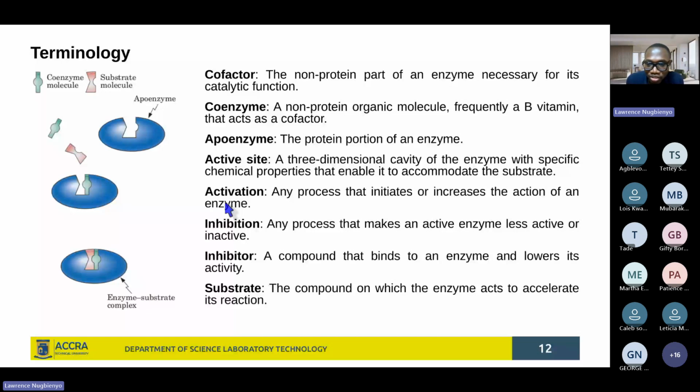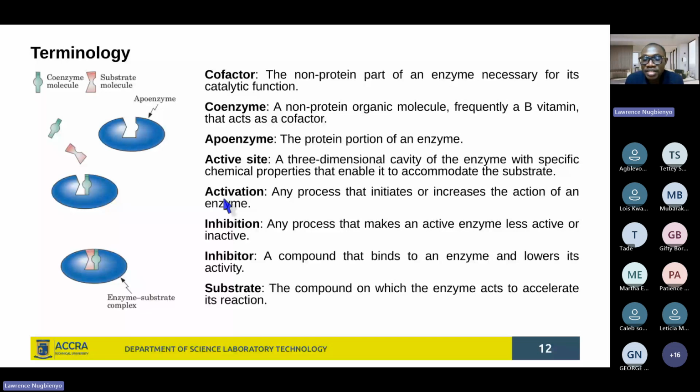If the metal ion is not there, the activation will not occur, like what we refer to as a cofactor. When a cofactor attaches, it activates. But sometimes even a substrate can be an activator. So if the process of initiating or increasing the action of an enzyme is activation, what does that is the activator.